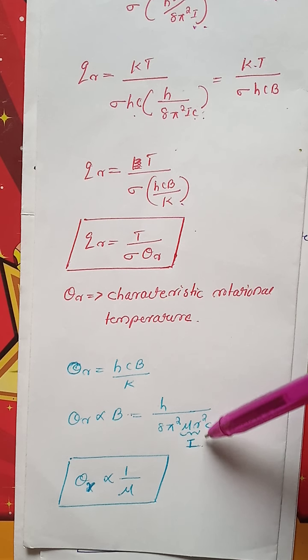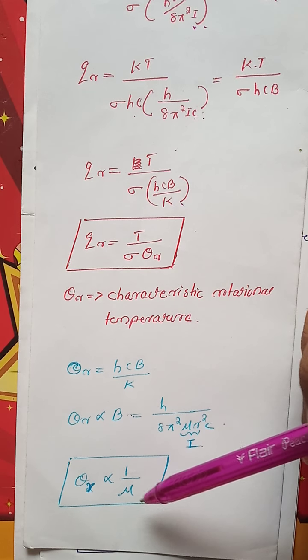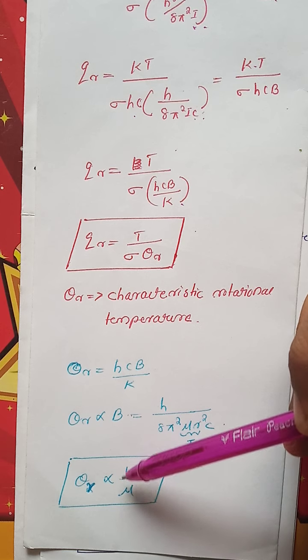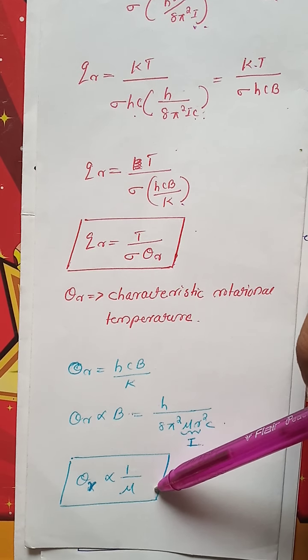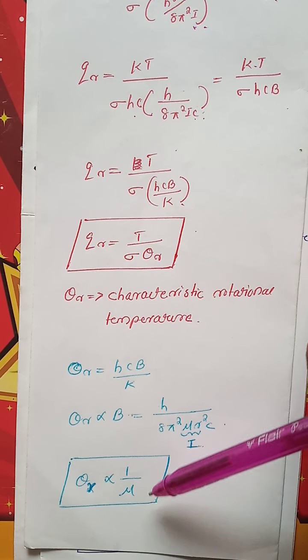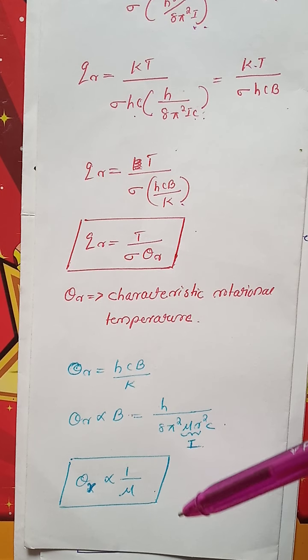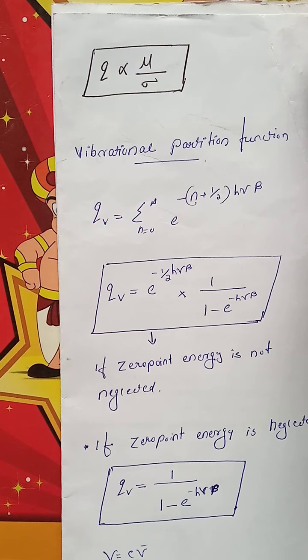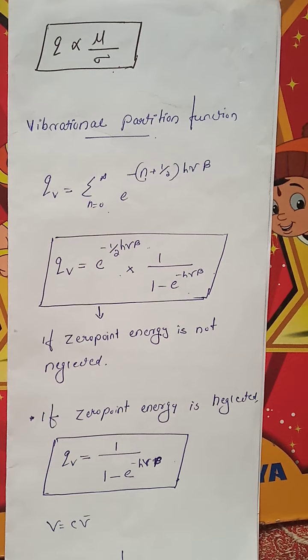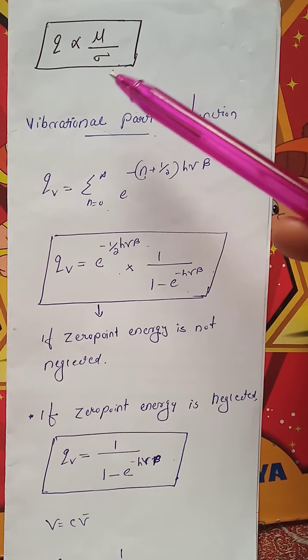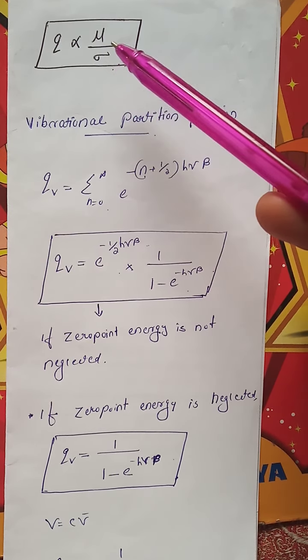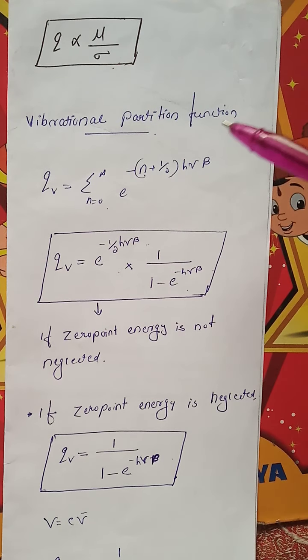So theta r is directly proportional to 1 by mu. This is also an important relation for the CSIR exam. We have another relation also, that is q is directly proportional to mu by sigma.